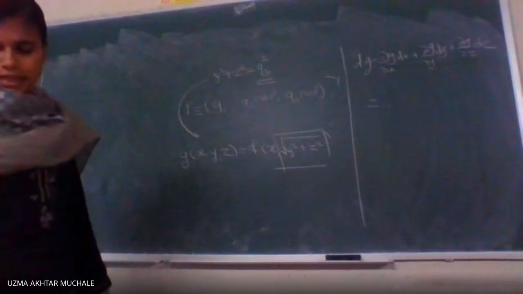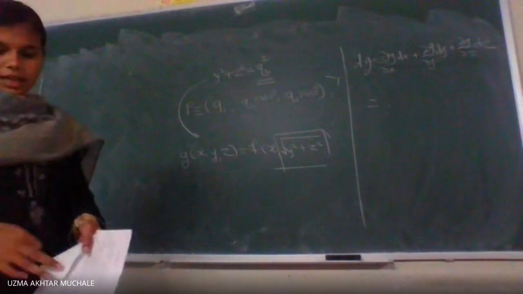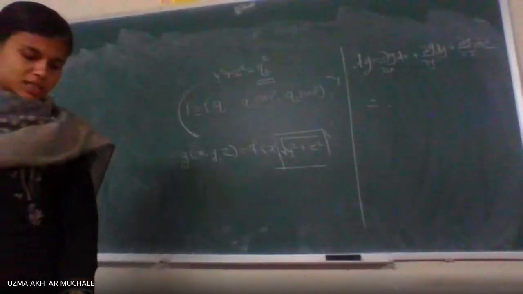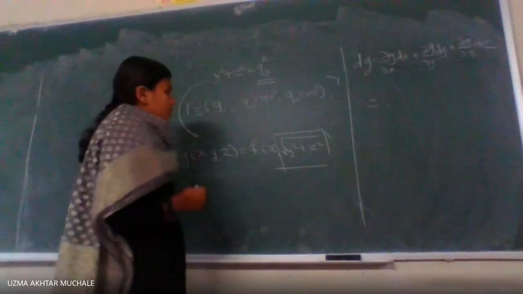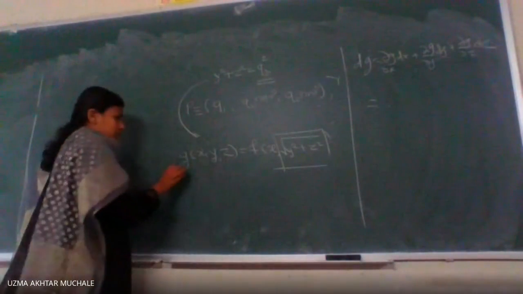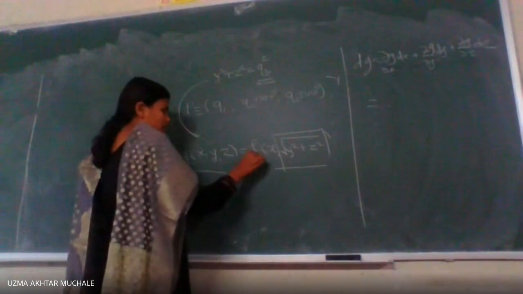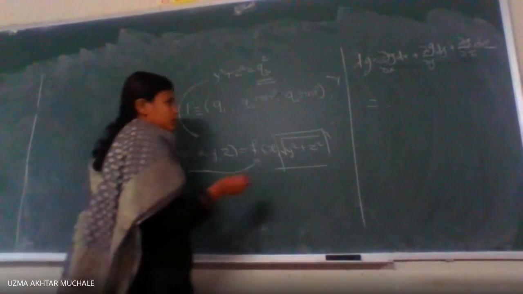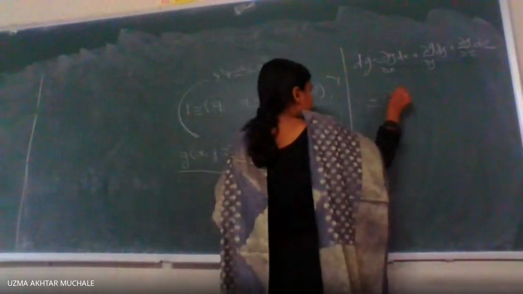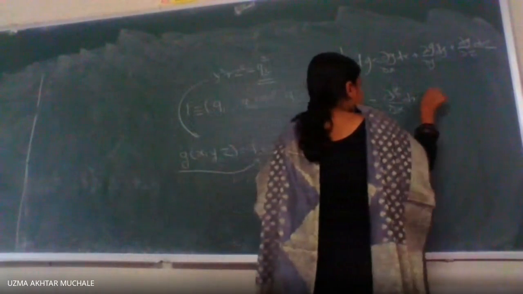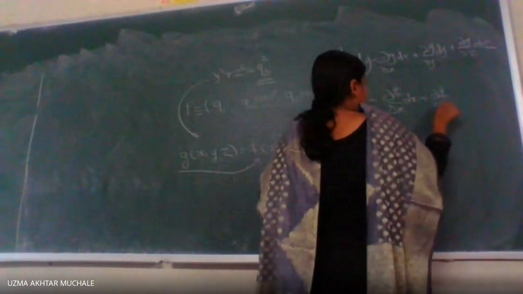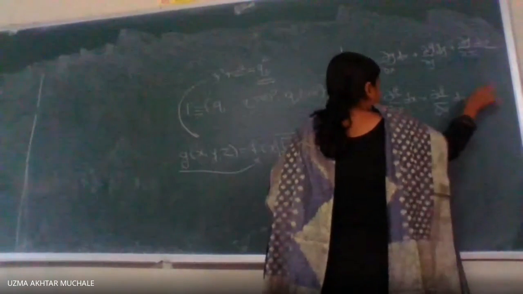If all these three are equal to 0 simultaneously, then only dg is equal to 0. But what do you know about this g of x y z? This is nothing but your function f, right? So instead of this, I can write it as dou f by dou x dx plus dou f by dou y dy plus dou f by dou z dz.